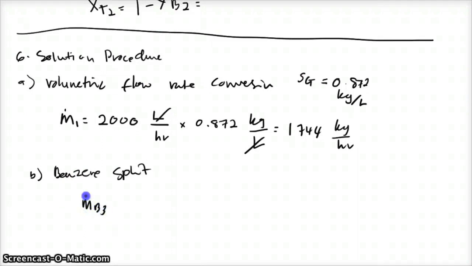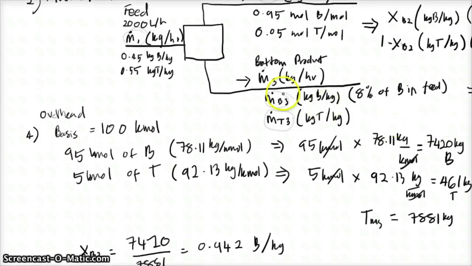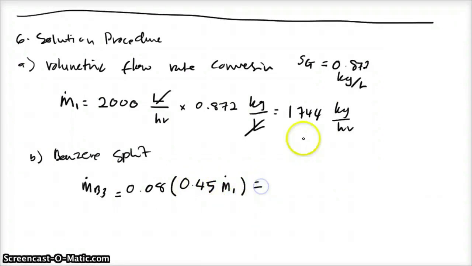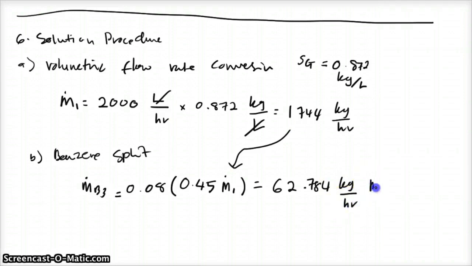So MB3 is 8%, 0.08 times what's the value of M1, since the benzene in M1 is 45% of the total M1, so the equation will be 0.45 of M1, and we just found out the M1 to be 1744, so just put it in here, and then you get 62.784 kilogram per hour of benzene in bottom product.